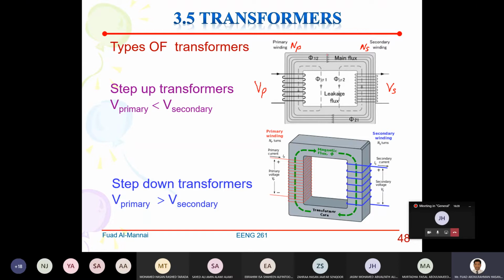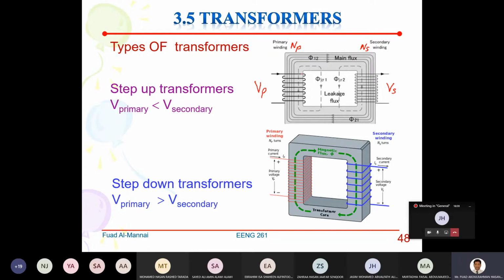On the left-hand side, this is a piece of insulated wire, it must be insulated, and you wind it around the core. We call this the primary winding.